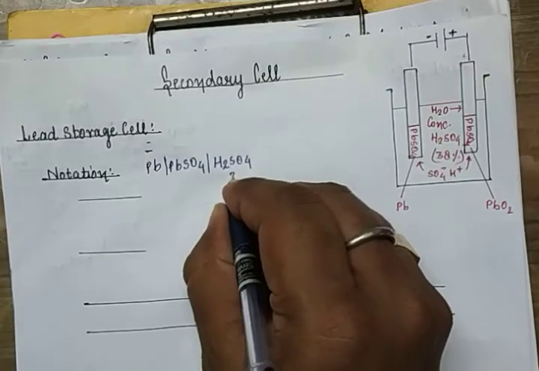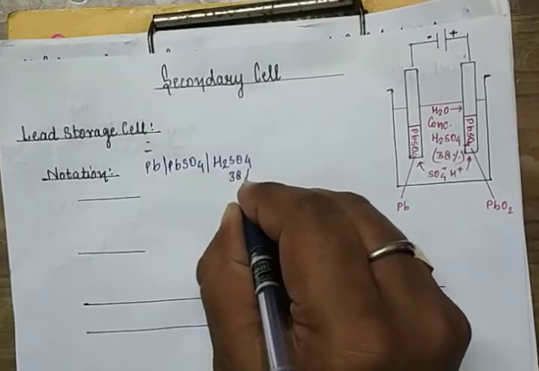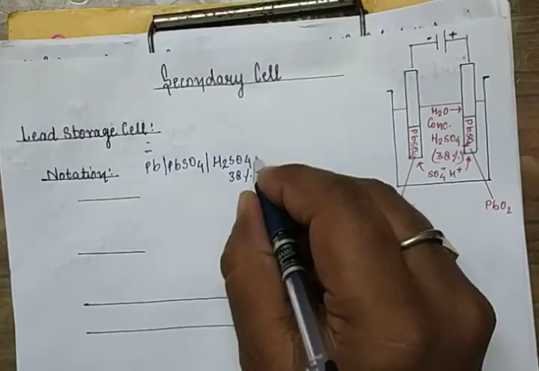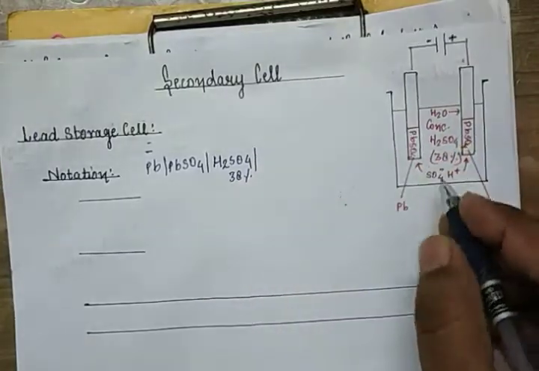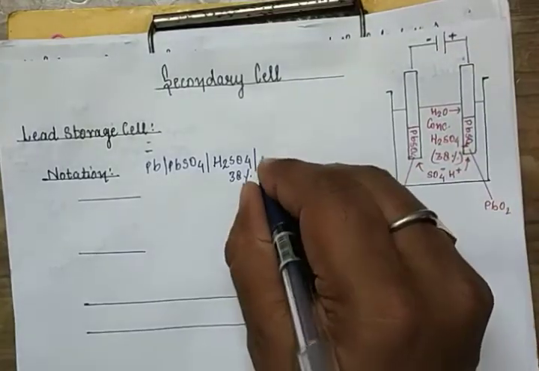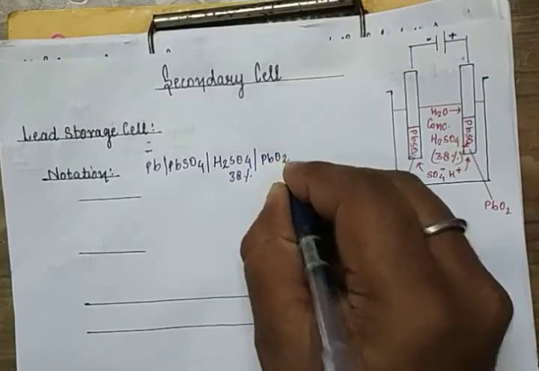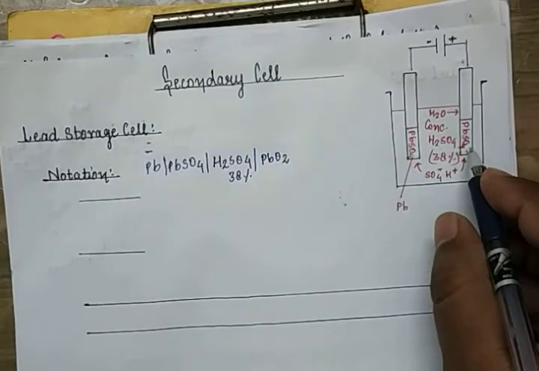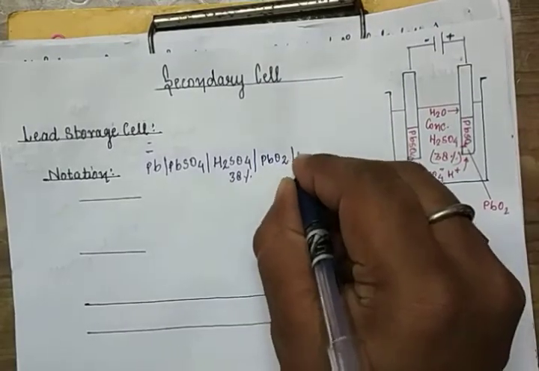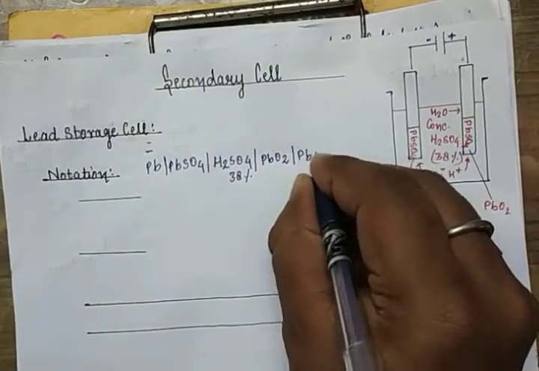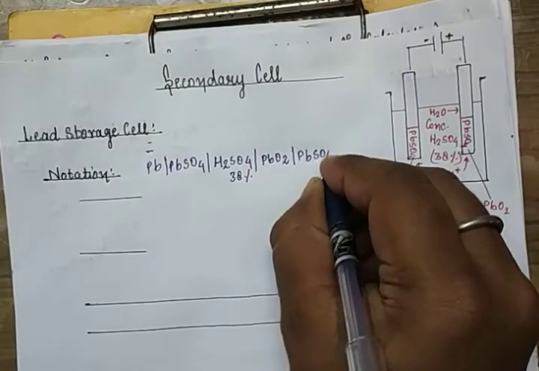The concentration of this H2SO4 is 38%. Now the next electrode is PbO2, and this PbO2 is again converted into PbSO4. So this is the cell notation.